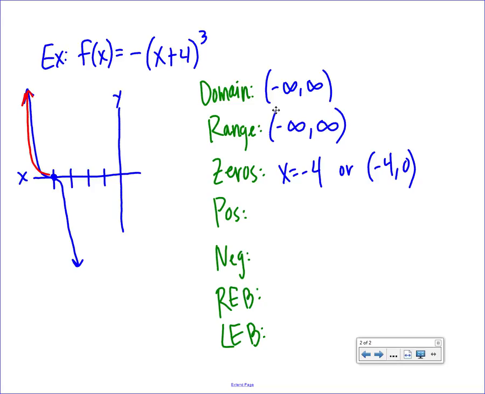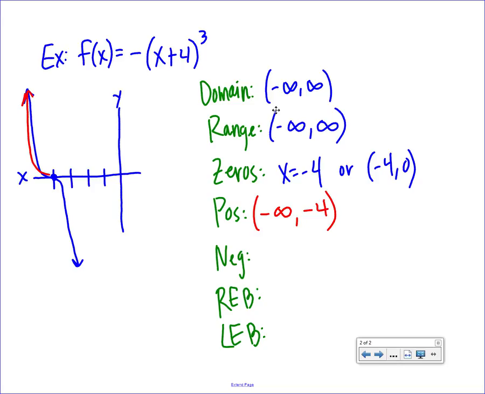Up and to the left. So that's where x is negative infinity, because it's coming from the left. Negative infinity to negative 4, because you have to list it according to x, not y. So it's positive from negative infinity to negative 4. For any x value, if we plug it into here, we'll get a positive y value. Parenthesis.